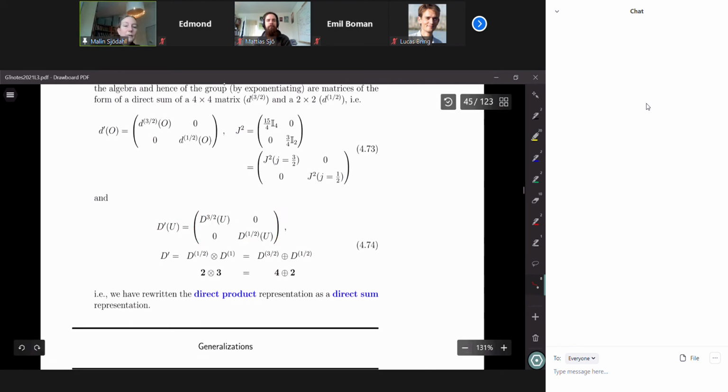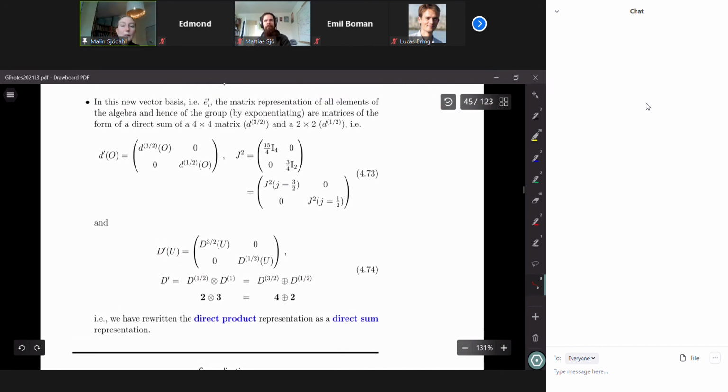So what we have done is rewritten the direct product representation as a direct sum representation. So 1/2 times 1 is 3/2 plus 1/2, or if you prefer to count the dimensions, 2 times 3, so the dimension of this is 4 plus 2.